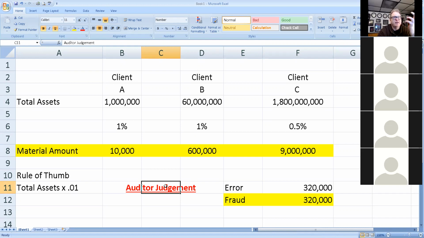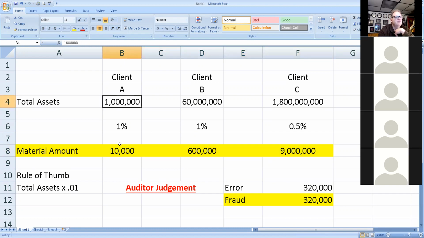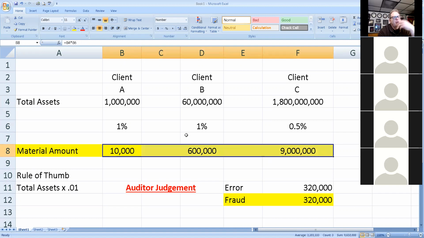It is vague because it really depends on a lot of stuff. But the rules of thumb are, for the most part, what we're talking about: some relationship to total assets, total revenue, or income. There's all kinds of rules of thumb out there, but that is kind of what we're talking about.